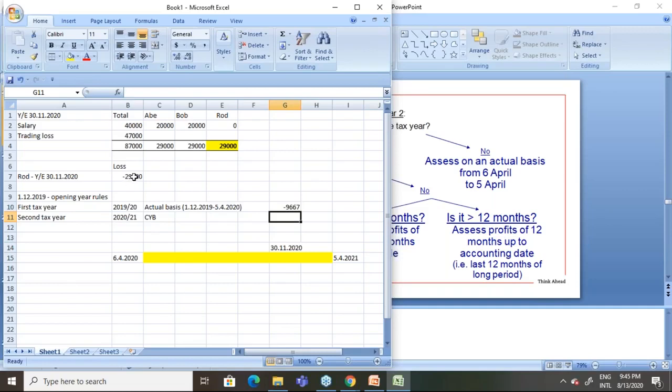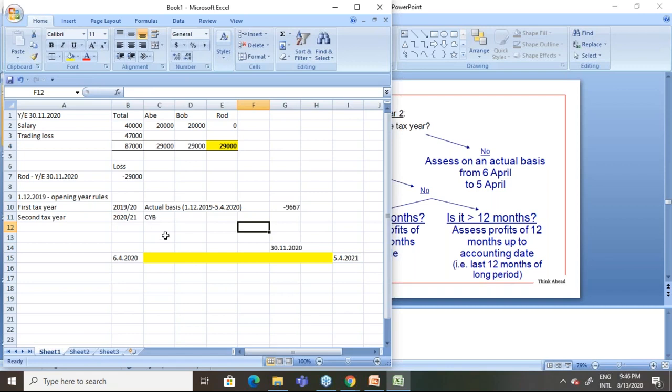Now assume this 29,000 is not a loss. Assume this is a profit, then the full profit 29,000 should be taxed here. But if you do that, as I mentioned, this will result in an overlap profit, because for the previous tax year, from this 29,000, we took 4 months profit.